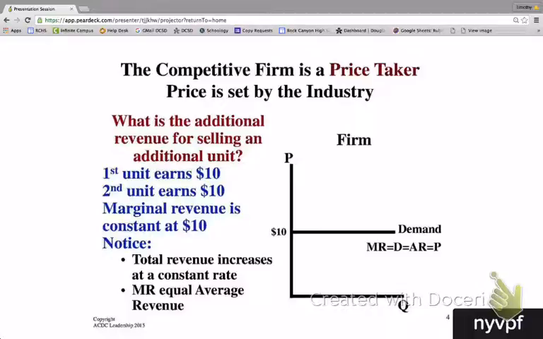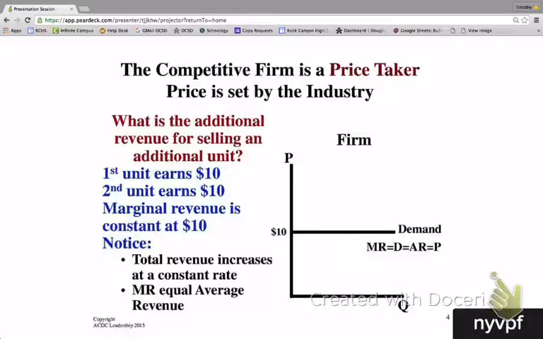And if you look at the acronym, you could spell that out as Mr. DARP. Mr. D-A-R-P. And if you remember and memorize Mr. DARP for the individual firm's curves under perfect competition, you will always remember that if you have to draw the marginal revenue curve, it will be perfectly horizontal at the market price.